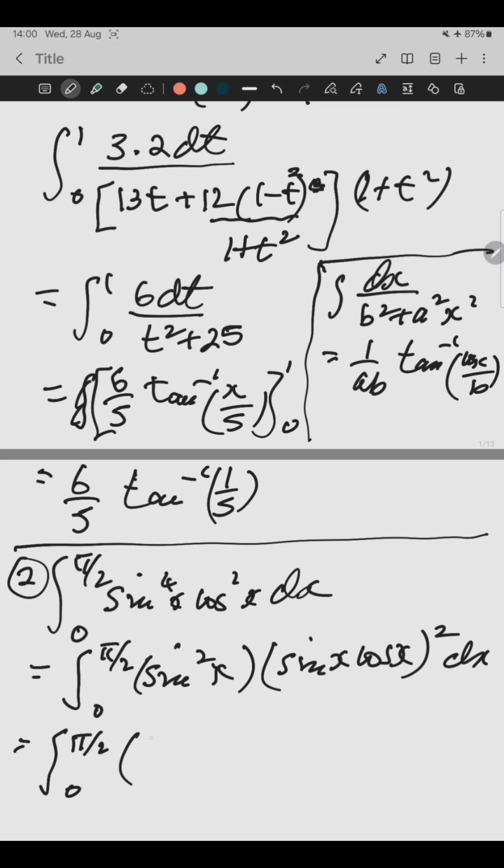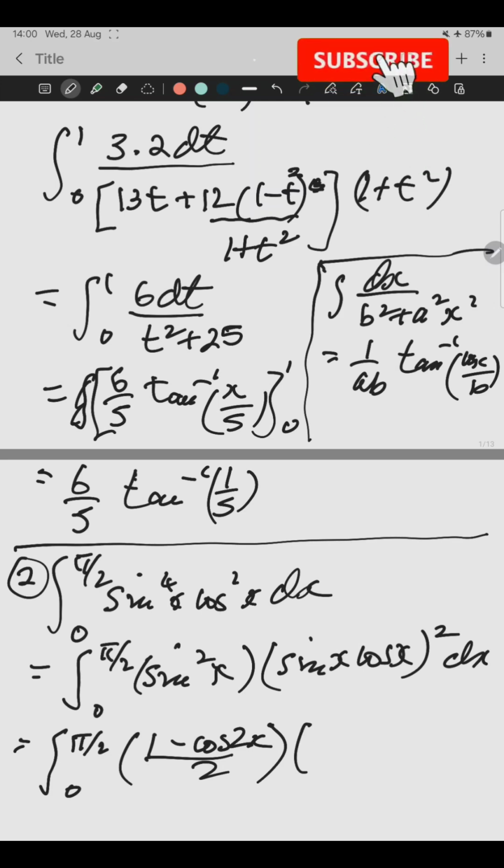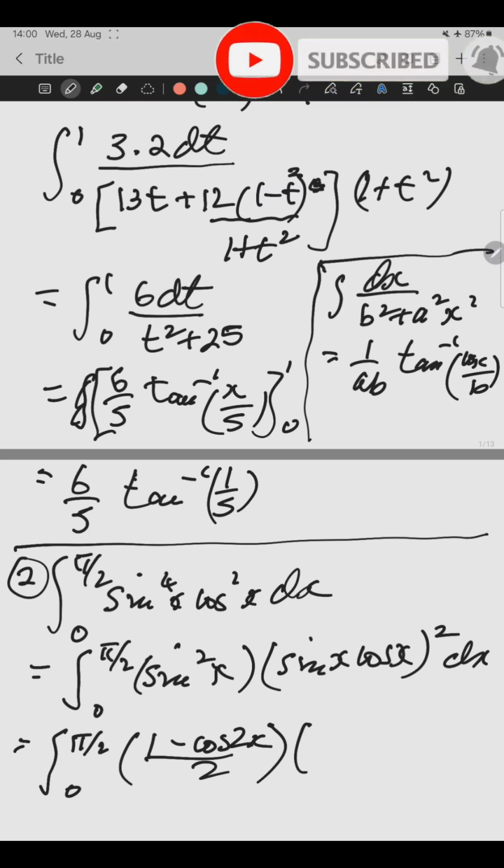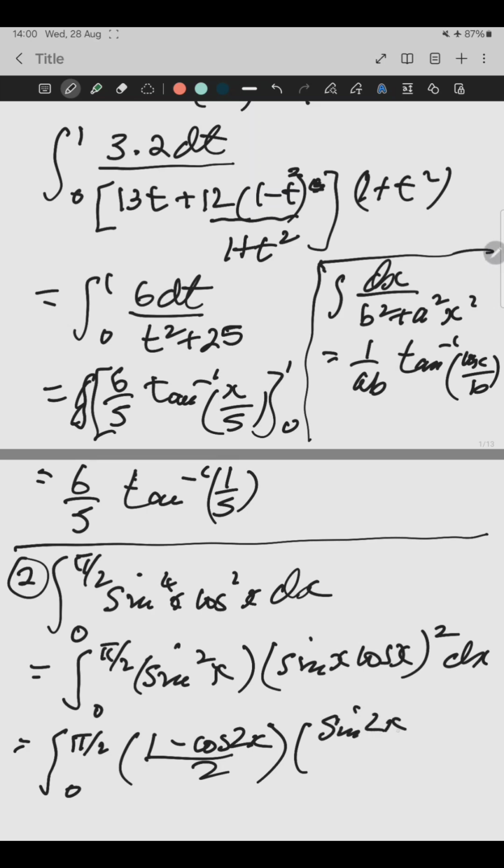Replace the sine squared x by 1 minus cos 2x over 2. And the sine x cos x is 1/2 of sine 2x. And so that becomes sine 2x over 2 all squared dx.